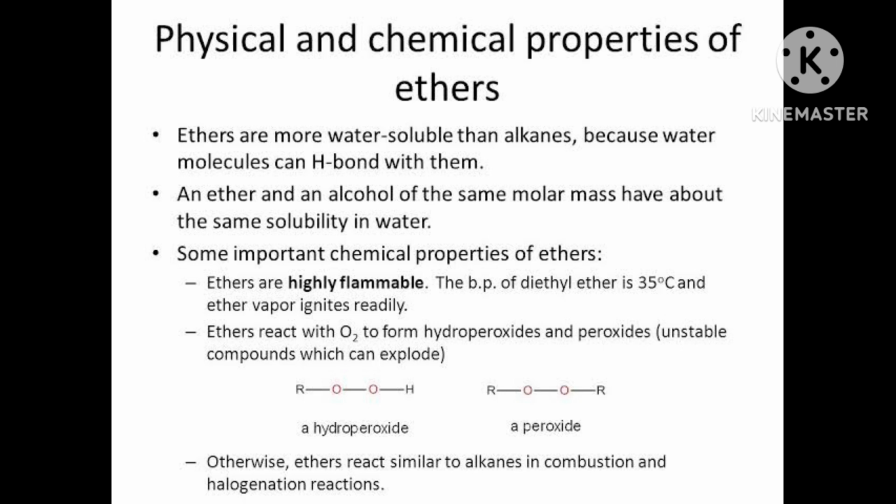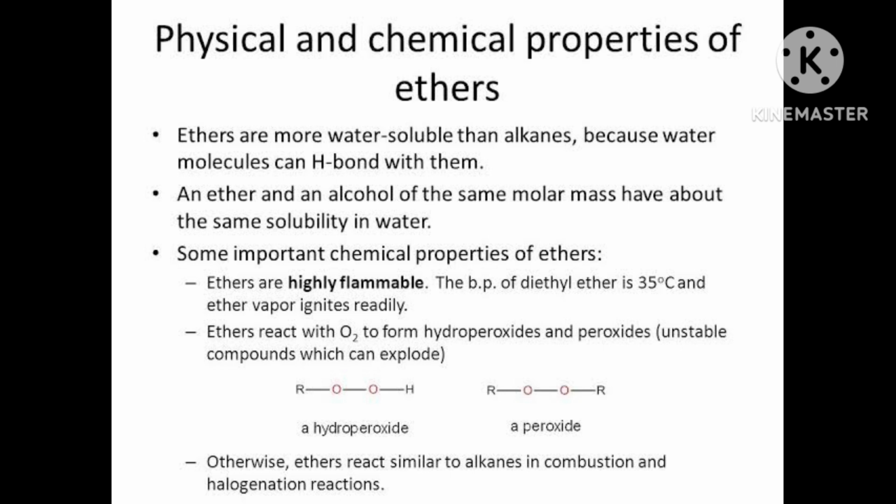Now CH3-O-CH2-CH3, which means methyl ethyl ether: one side a methyl group, the other side an ethyl group, and in the middle oxygen. Oxygen has two lone pairs of electrons. Out of the two lone pairs, one pair is ready to be given to the H of HI.